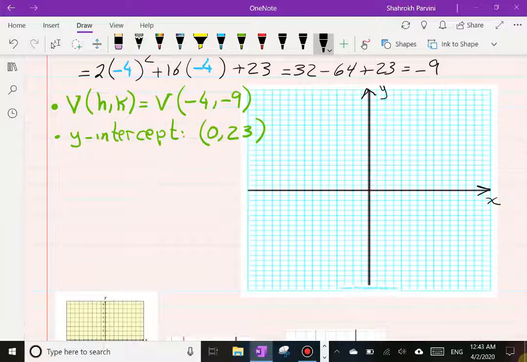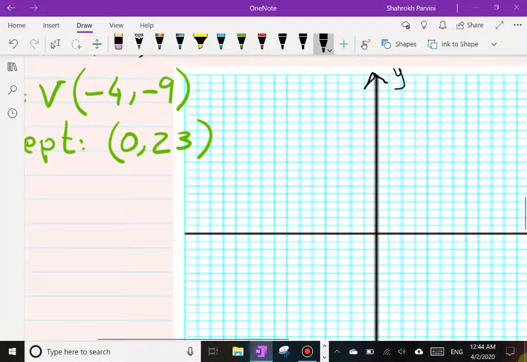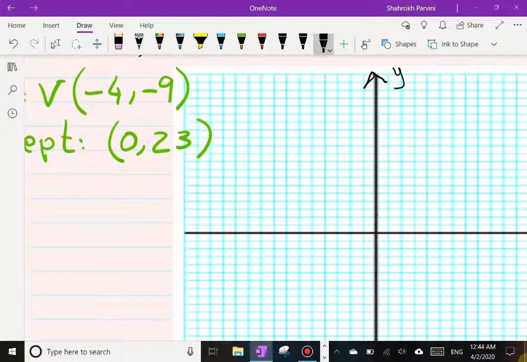Because the y-intercept is at 23, I have to be careful how I choose my grid lines. Let's say each grid line represents 4 units. So 23 is about 4 by 6, so it's going to be here: 1, 2, 3, 4, 5, 6 times 4, 24.